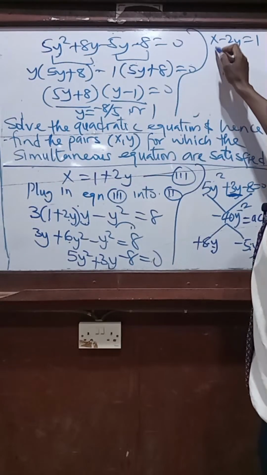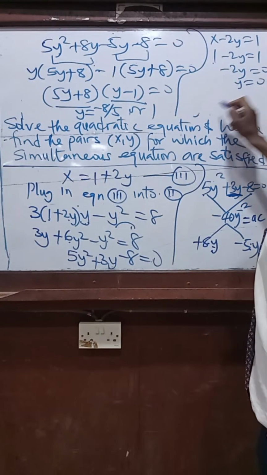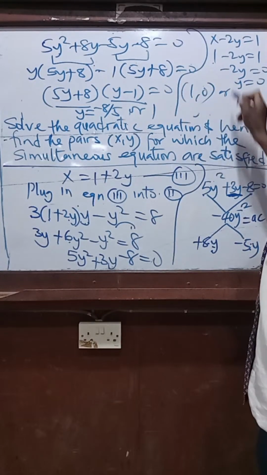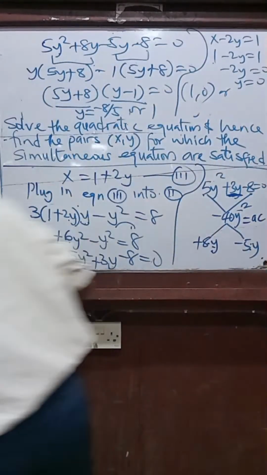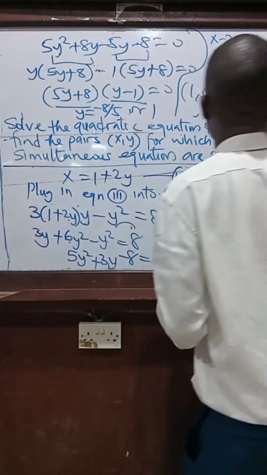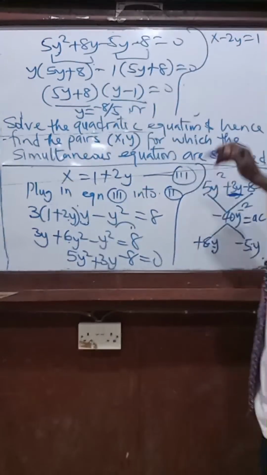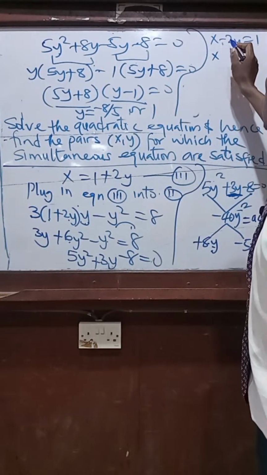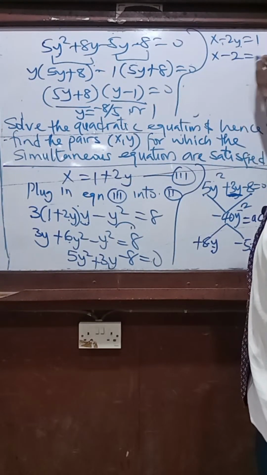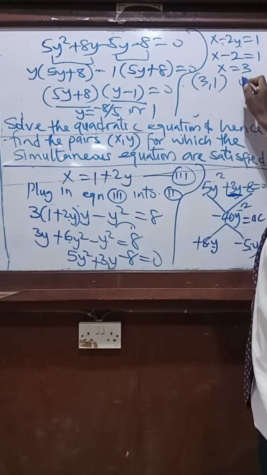When y is 1, that's x minus 2 times 1, that's minus 2, equal to 1. So x is equal to what? 3. So we have 3 comma 1 for the first solution.